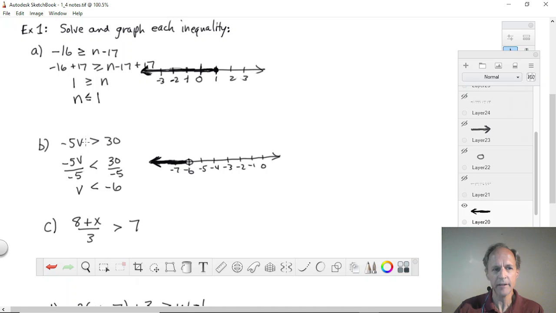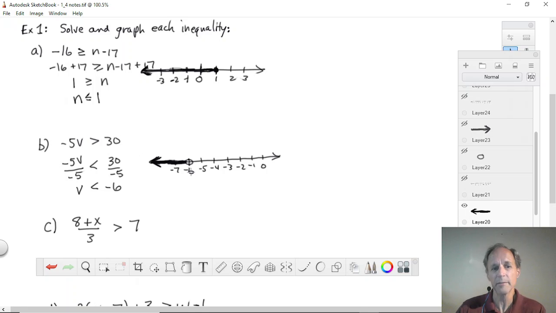So -5 times -7 is 35. And 35 is greater than 30. So -7, our graph says that it's a solution, and it is. It makes the inequality true because 35 is greater than 30. And it also just kind of barely makes it true, and that looks reasonable.